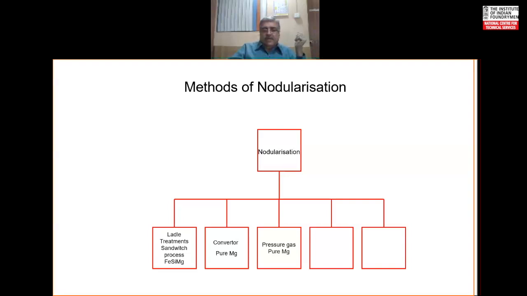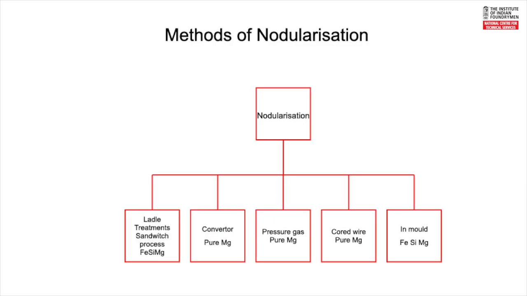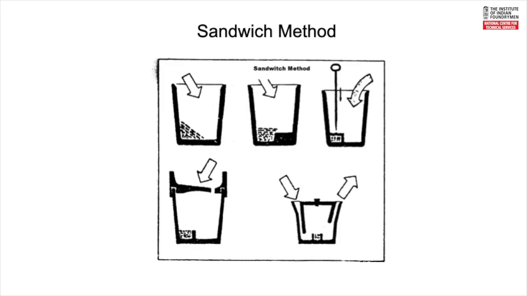You can have cold wire, again with pure magnesium, or you can get magnesium plus maybe some other elements like ferrosilicon, or in-mold treatment of ferrosilicon magnesium. We'll look at these different types of nodularization one by one. Here is a rather crude picture of what happens in ladle treatments.